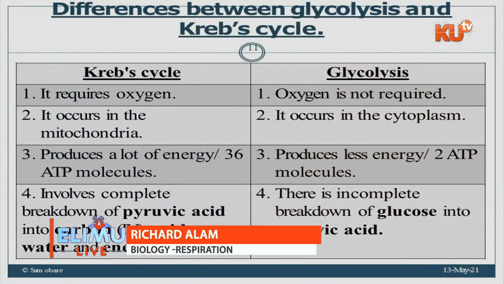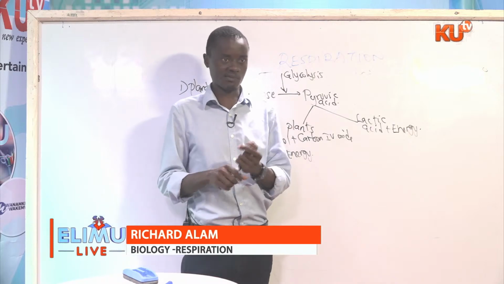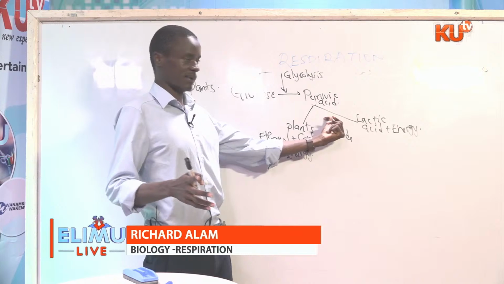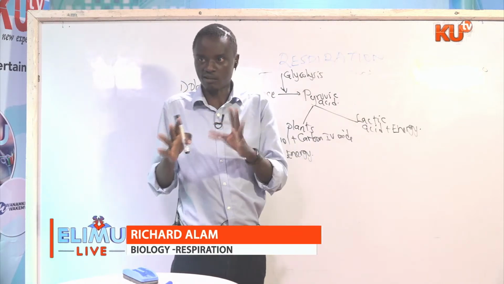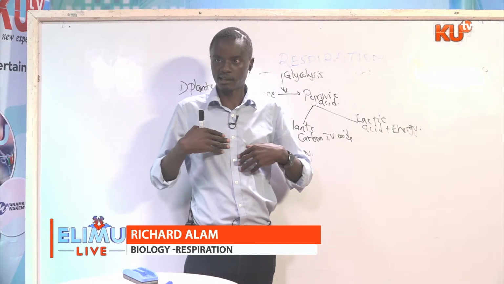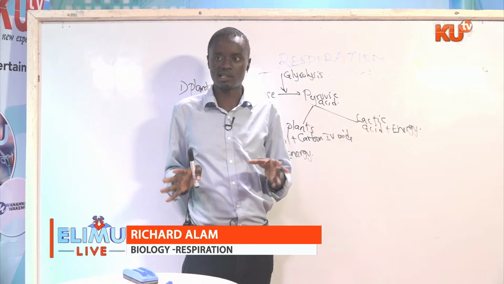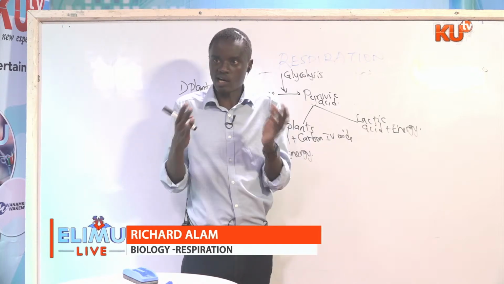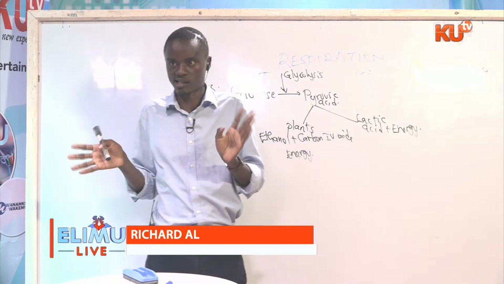So, before we move to the differences between glycolysis and Krebs cycle, let me explain another reason that you'll observe after strenuous exercise, the increase in heartbeat. Now, why does your heartbeat increase, or what makes your heartbeat increase after strenuous exercise?